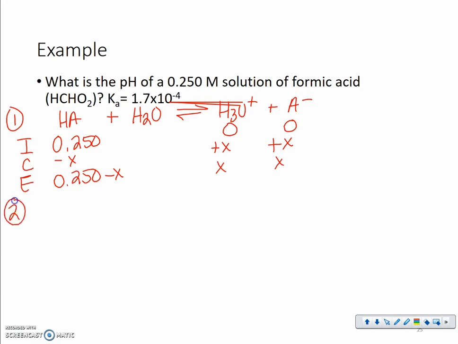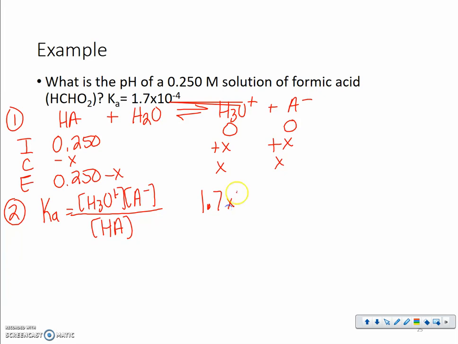Step two is going to be to plug that into a K expression for your reaction. x times x is going to be x squared. Step three is going to check for the simplification.